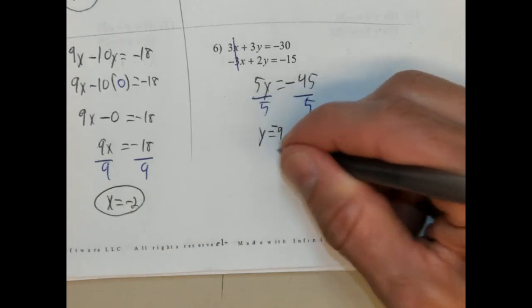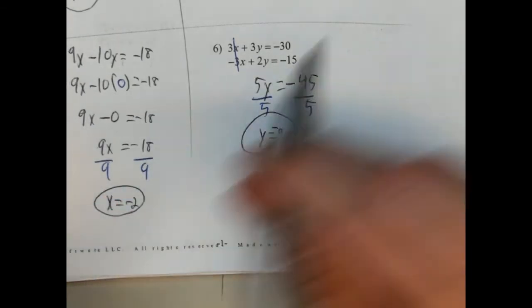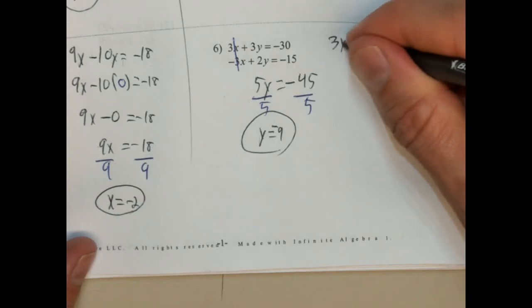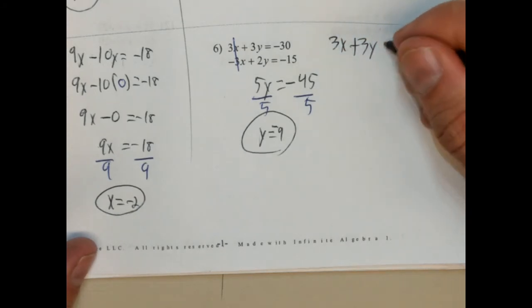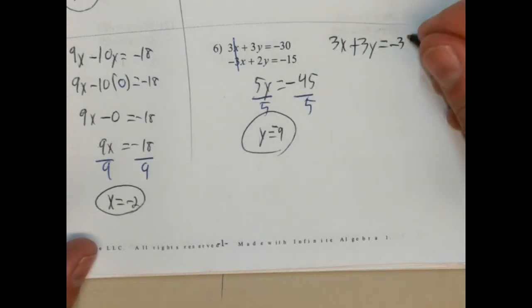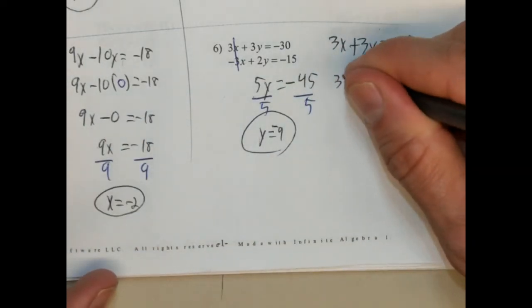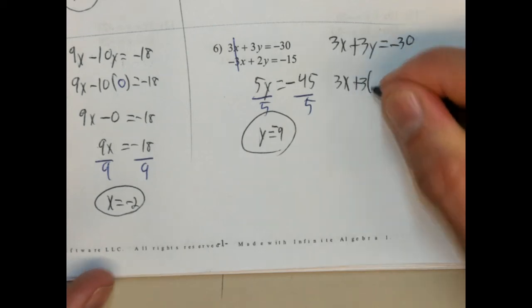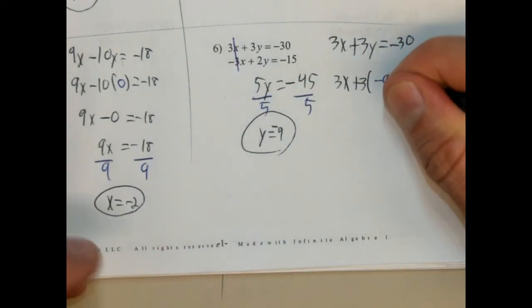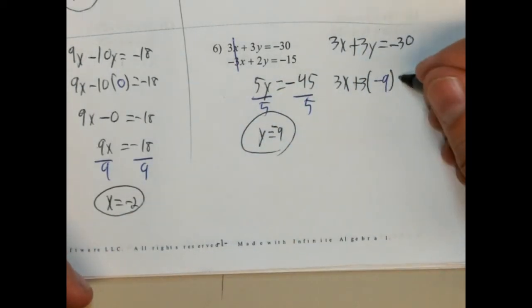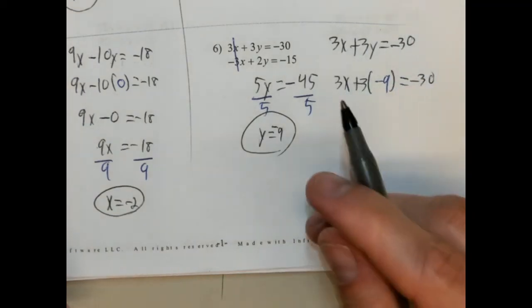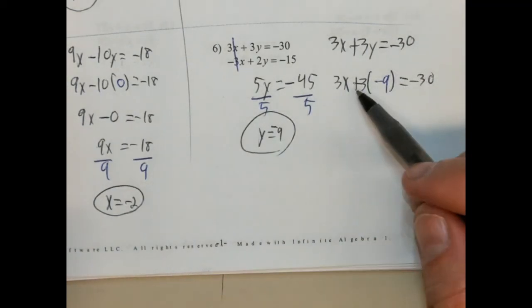And we're going to plug that into another equation. We'll pick the top one. So 3x plus 3y equals negative 30. And we're going to plug in negative 9 for our y value. So 3x plus 3 parentheses negative 9 equals negative 30. So now we want to get x by itself.